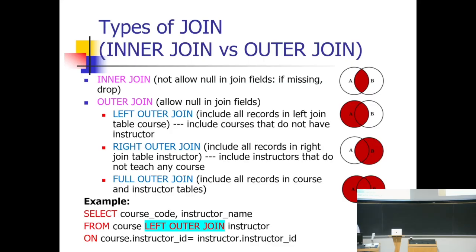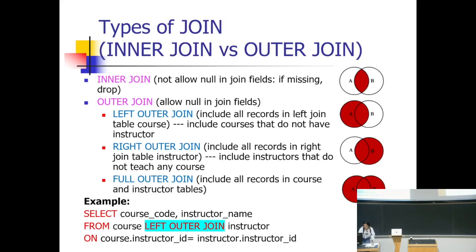What does it include? Does it include instructors who are not teaching any courses? No. Because instructor is the table on the right. I said instructors that do not teach any courses, which means the instructors for which the corresponding course value is null, right?